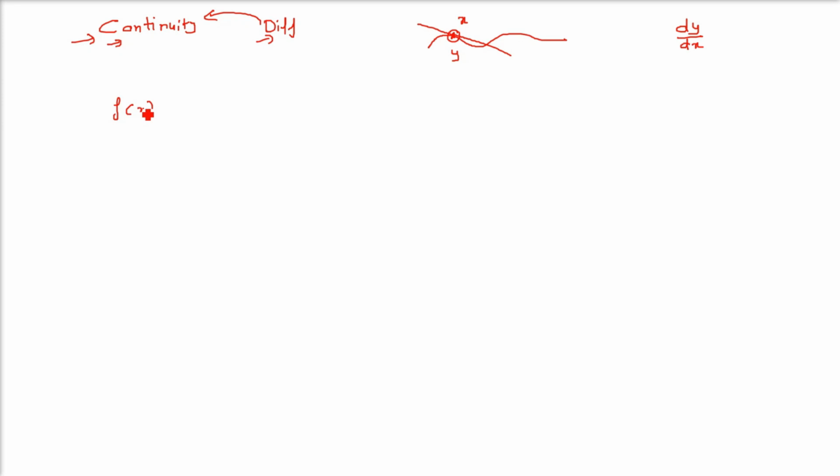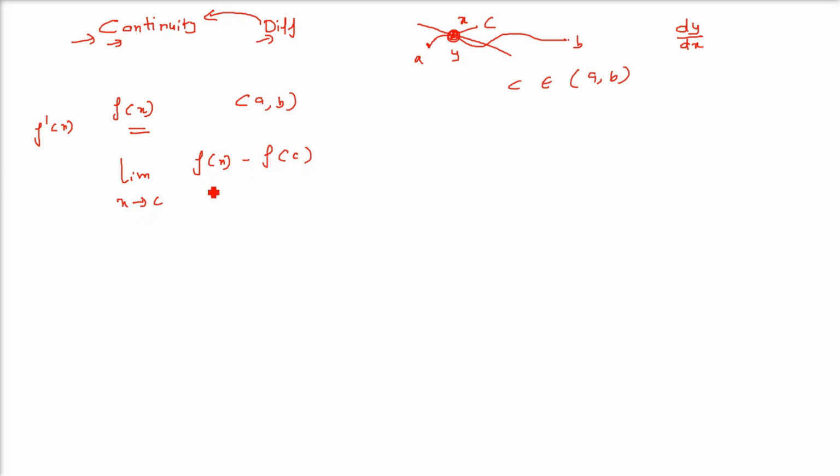So if f(x) is a real valued function defined in an open interval (a, b), and we take any point, say c or k, and we are interested in finding out whether the function is differentiable at this point c, where c belongs to (a, b). Then the derivative f'(x) will exist if the limit as x tends to c of (f(x) minus f(c)) divided by (x minus c) is finite, that is, it exists.